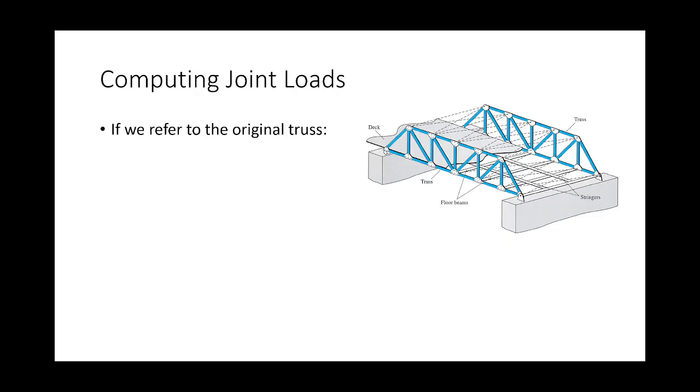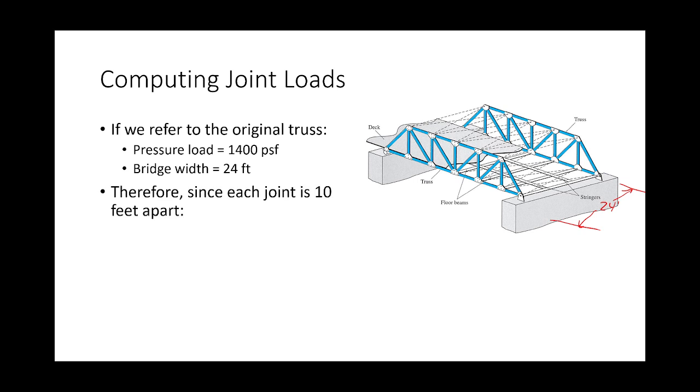So let's go back to the truss. Watch me on this. This is kind of important. If we refer to the original truss, the pressure load is 1,400 pounds per square foot, and the bridge width is 24 feet. So this dimension here is 24 feet. Now each joint is 10 feet apart.